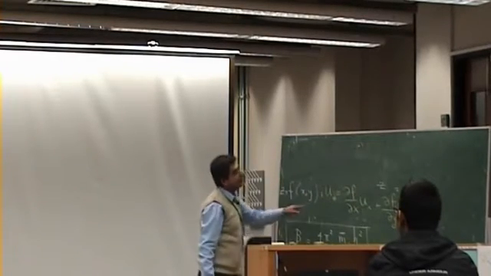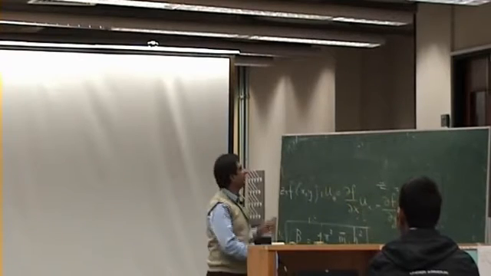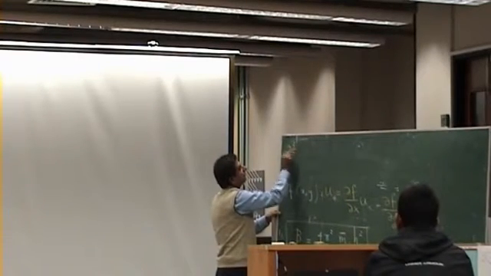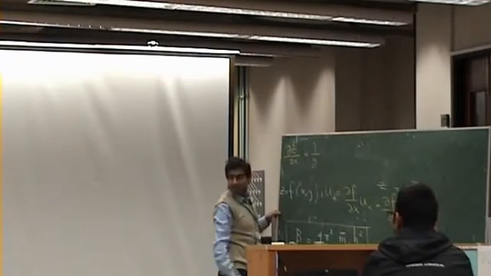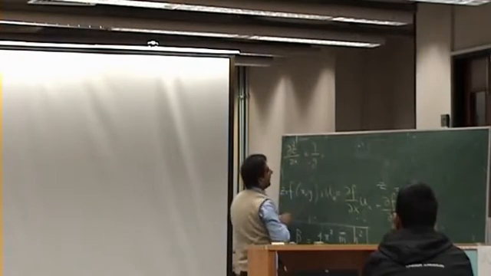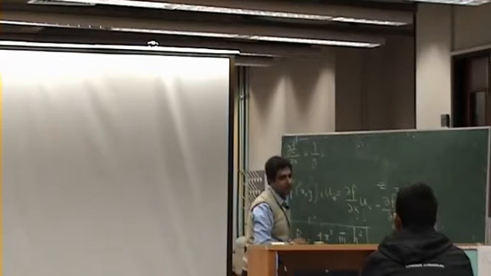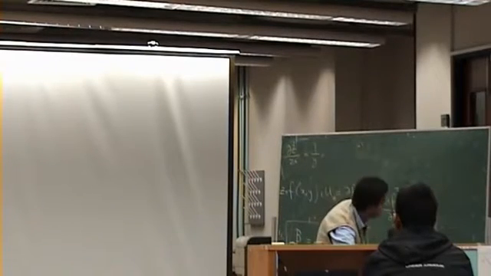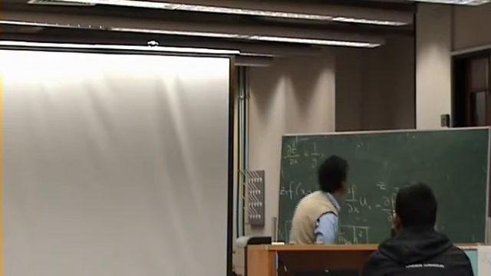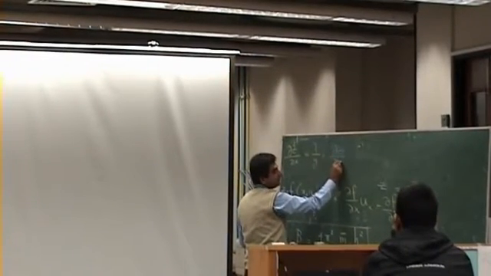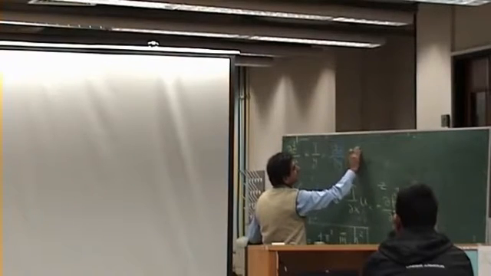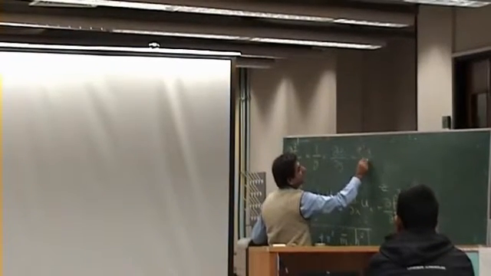So if z equals x over y, I know that partial z over partial x is 1 over y. I know that partial z over partial y is minus x over y squared, right?